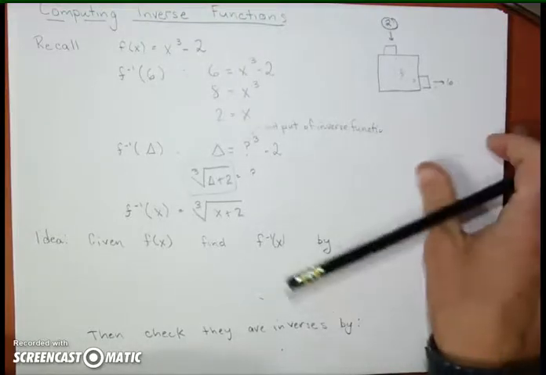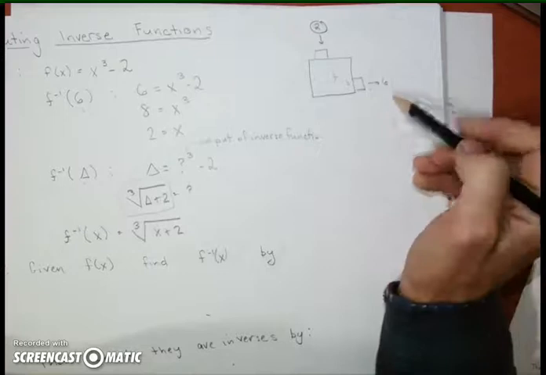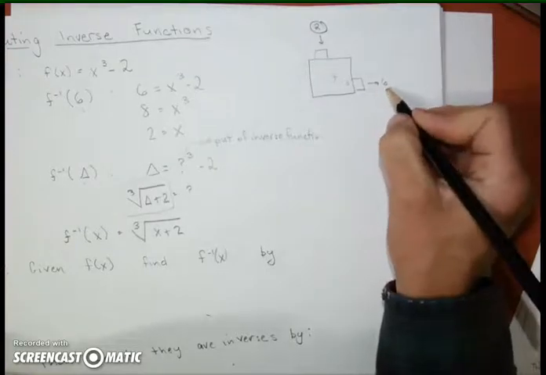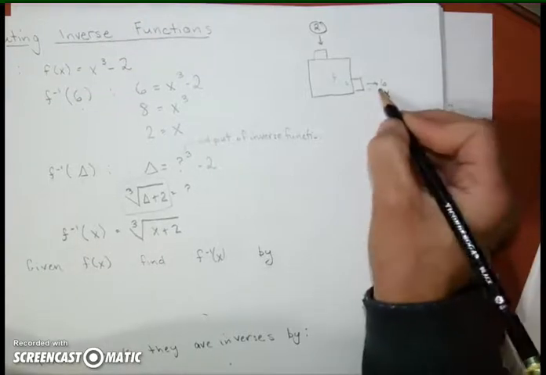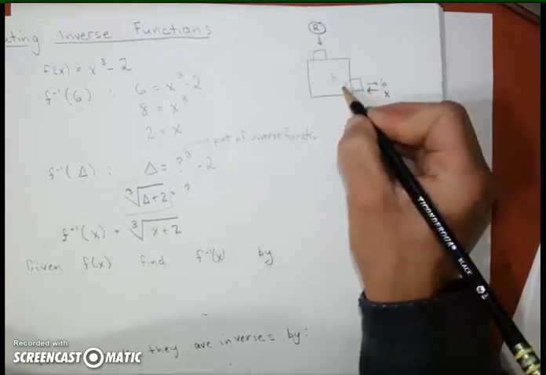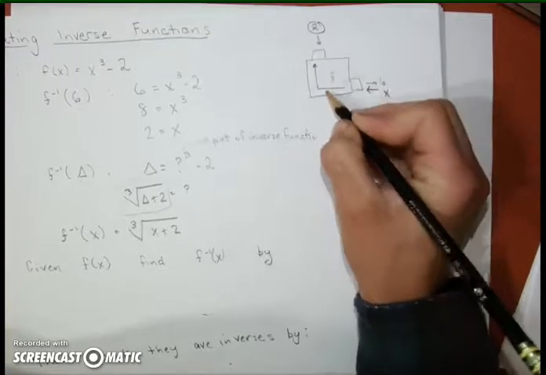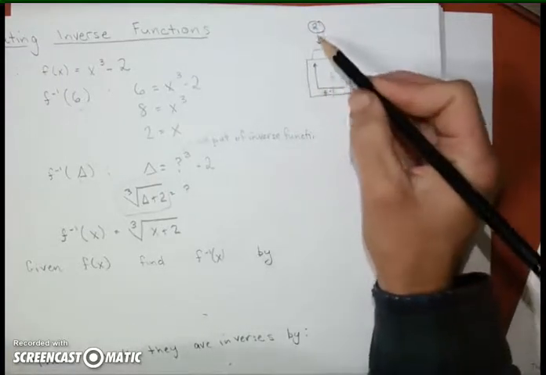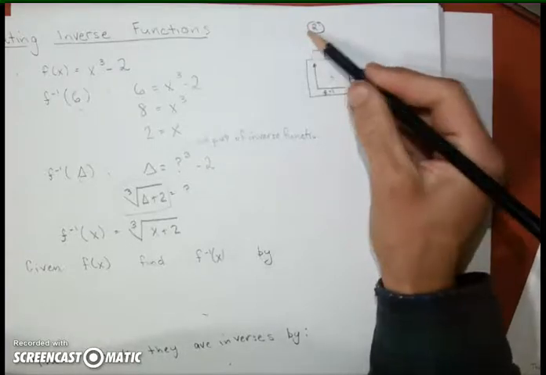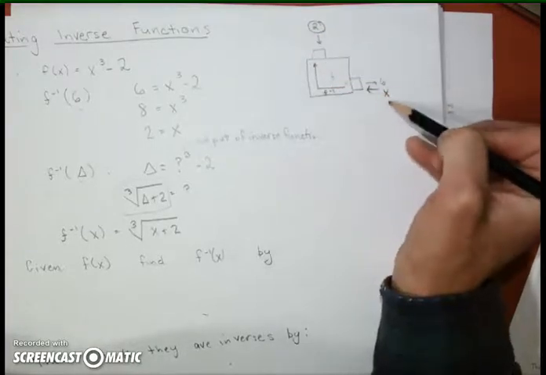So the idea of an inverse function in the function machine setting is you plug something in, maybe call it x, and you run it backwards through the machine, and what you end up getting is the value that you would have plugged in to get x as an output.